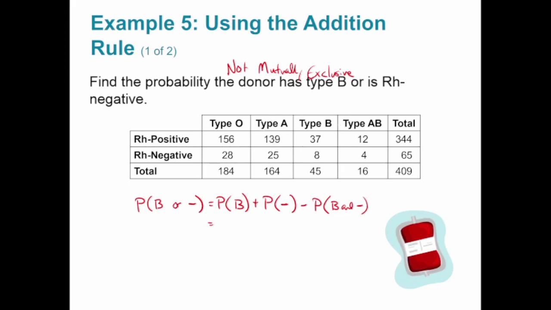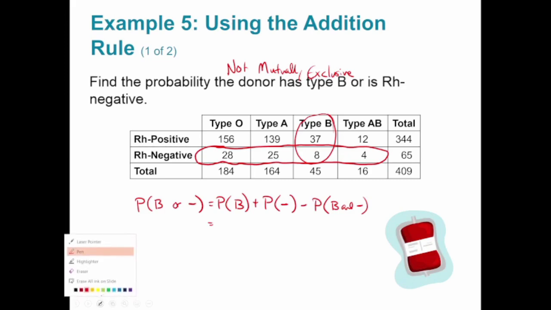That makes sense if you think about it. We're counting everybody who has type B blood, and we're counting everybody who has Rh negative blood. So we're counting that overlapping region, this 8, twice. We're counting it for type B, and we're counting it for Rh negative. That's why we have to subtract it off, because we only want to count it once.